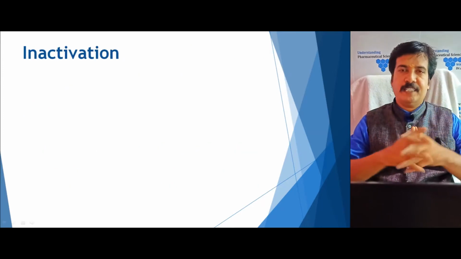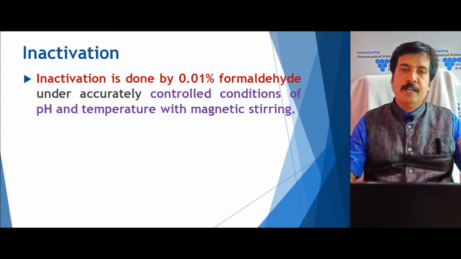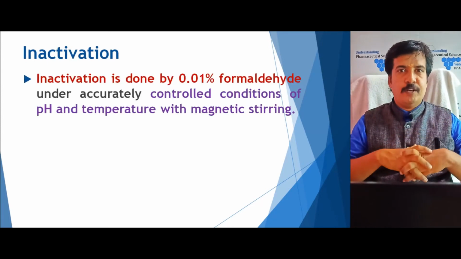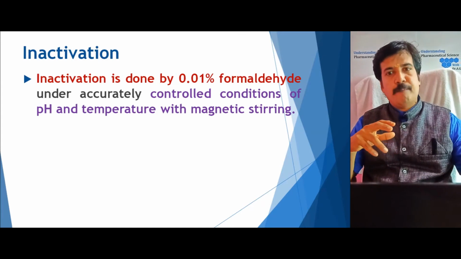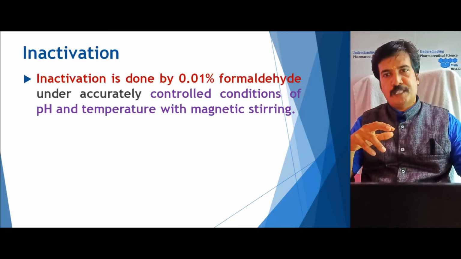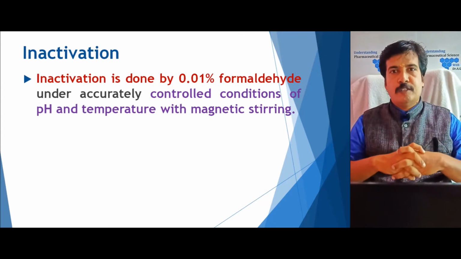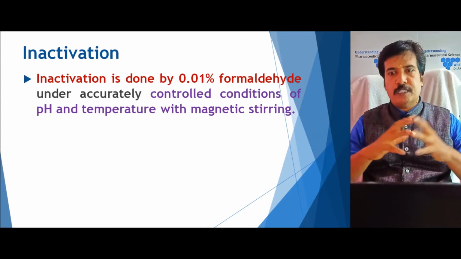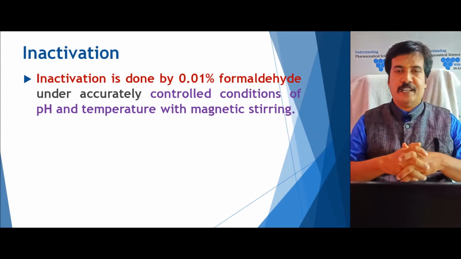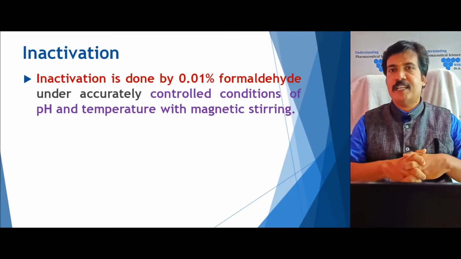The next step is the inactivation step. In inactivation, we are adding 0.01% formaldehyde solution. This formaldehyde causes neutralization, that is the inactivation, of these viral cells.